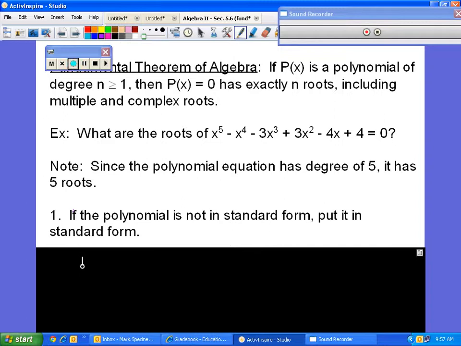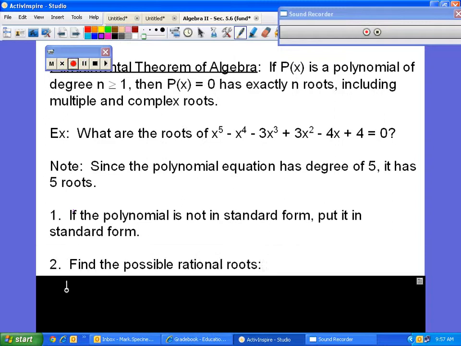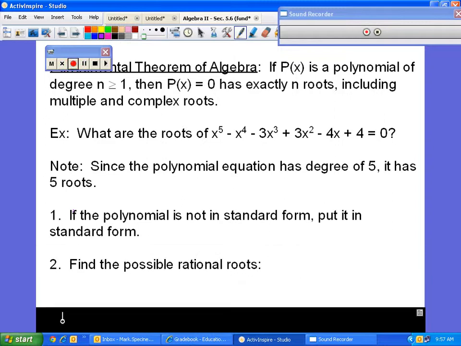So since it's already in standard form, we don't have to do anything. Now if it's not in standard form, obviously you have to put it in standard form. Once it's in standard form, step number 2 is to find the possible rational roots.